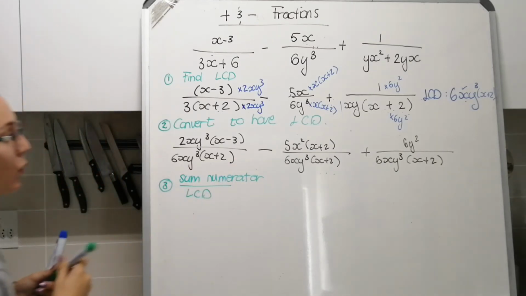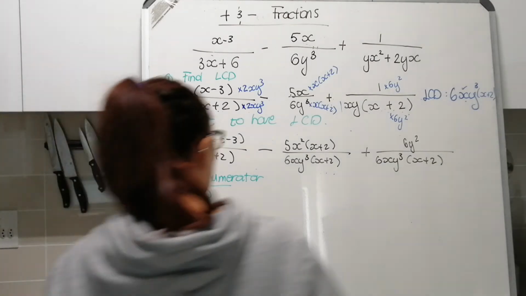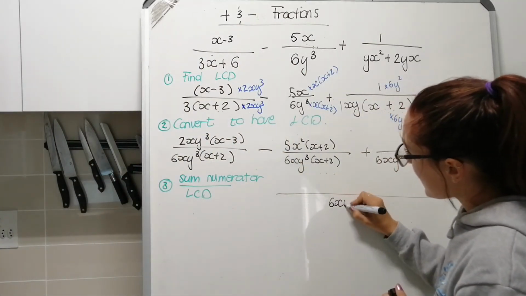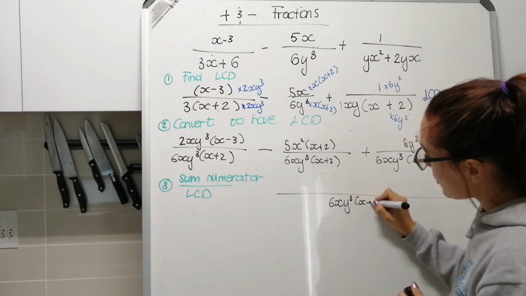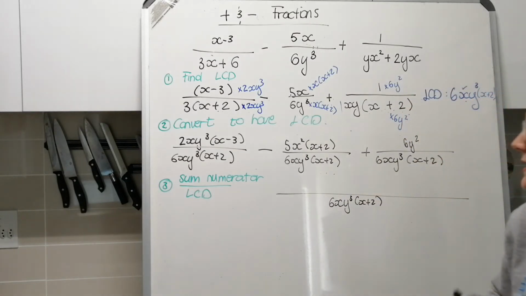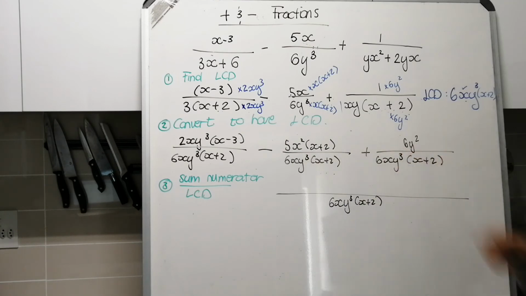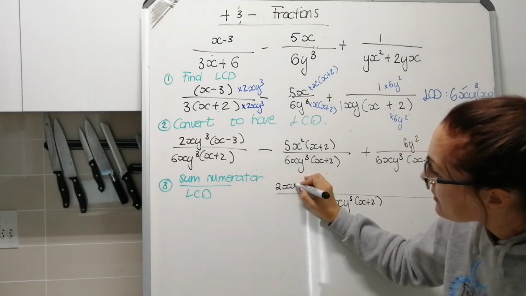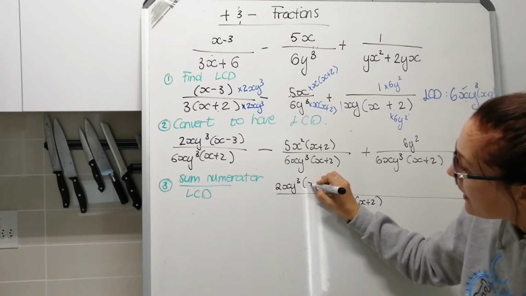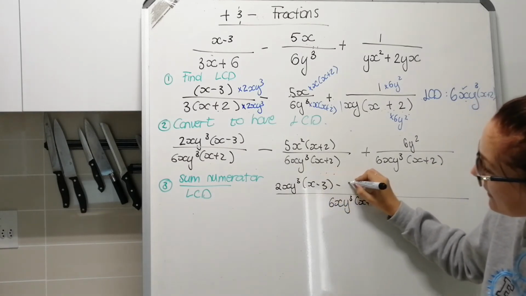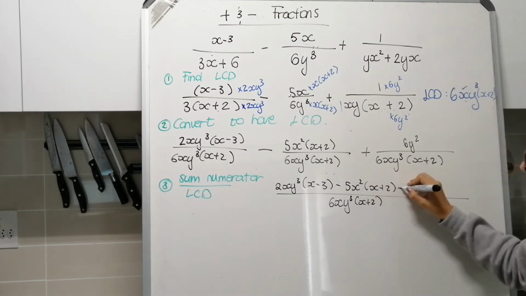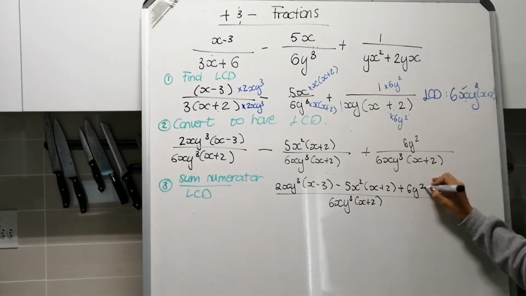So we write it all as one fraction, and my denominator is 6xy cubed x plus 2. My numerator, I write down the sum of those. Now, those are all unlike terms, so I'm just going to write them down as they are. 2xy cubed x minus 3 minus 5x squared x plus 2 plus 6y squared.